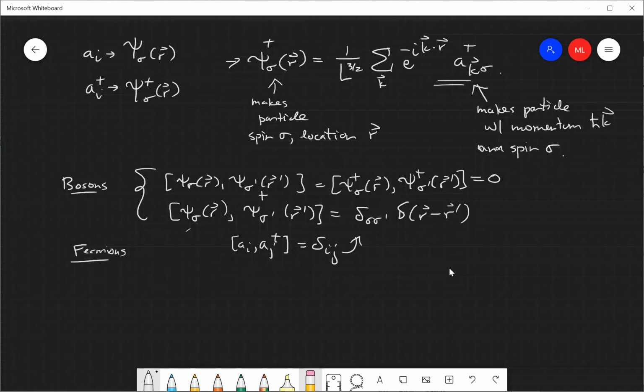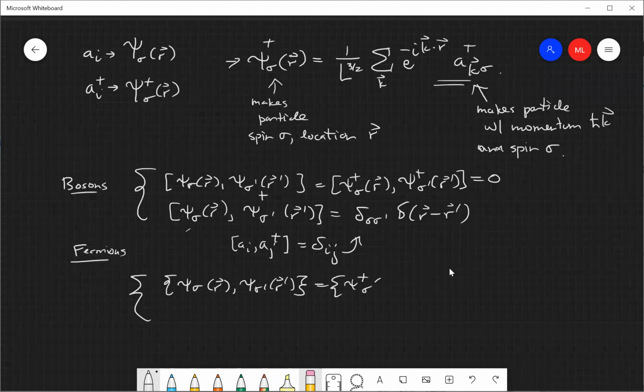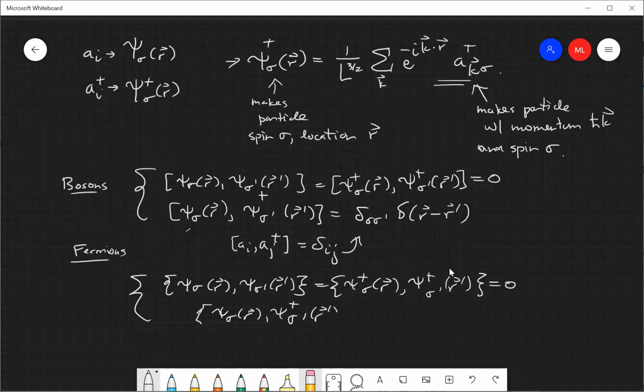Same thing for fermions. You have creation and annihilation operators for fermions, and those just satisfy anti-commutation relations. So same thing.